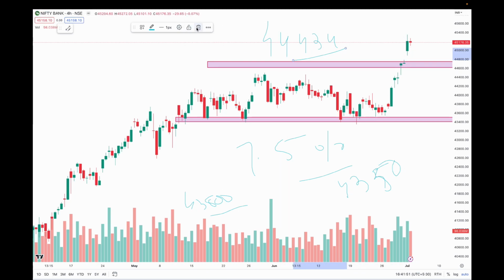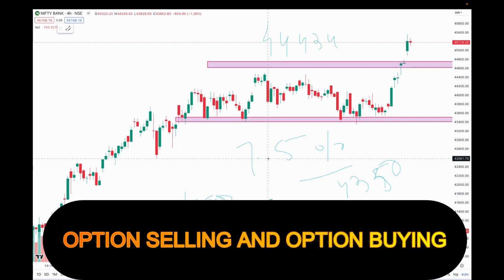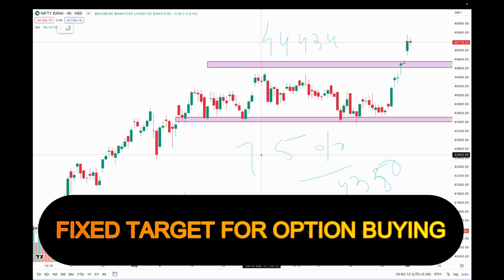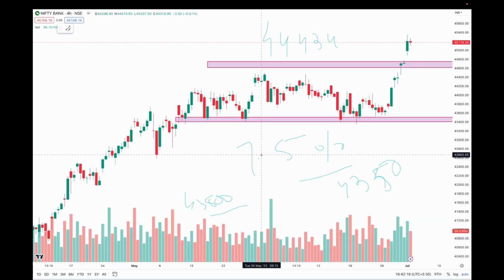So you can see it was almost a 1000 point move in the whole month. How did I capture this? For those who don't know, most of the time I do option selling, but there are times when I do option buying as well. Option buying is not something you can do each and every day, and as I always mention, you have to set a particular target for option buying as well. As you already have a defined target in option selling, the same target you have to set for option buying.